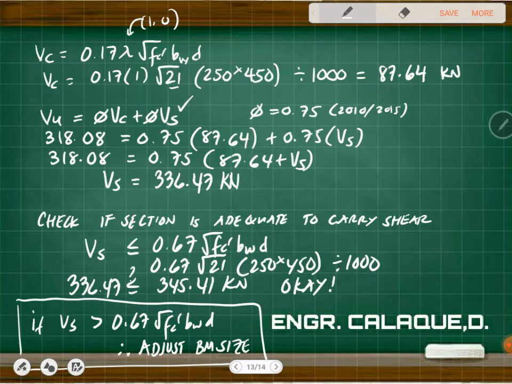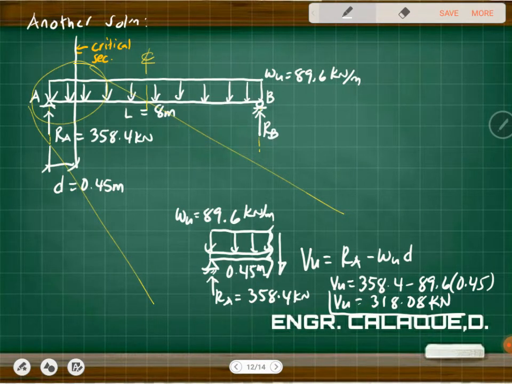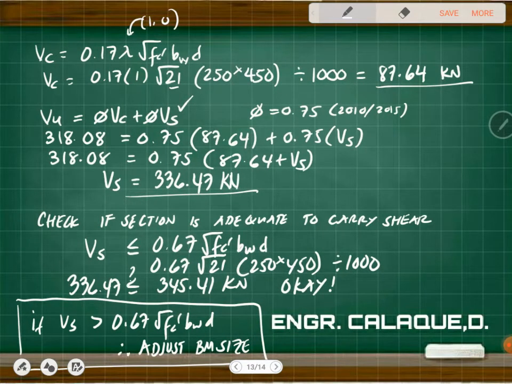Pero sa case na to, hindi siya nangyari. So, okay na yan. Okay yung section. So far, nakuha na natin yung value ng VC, yung VS, and VU. So, I think, pwede na tayo mag-solve ng spacing. Okay?